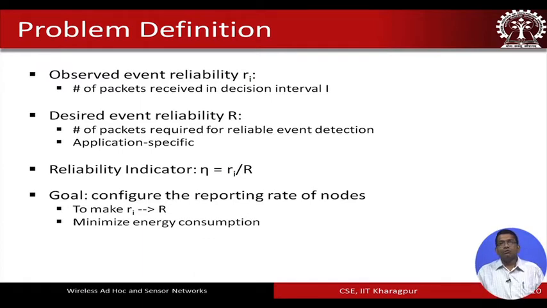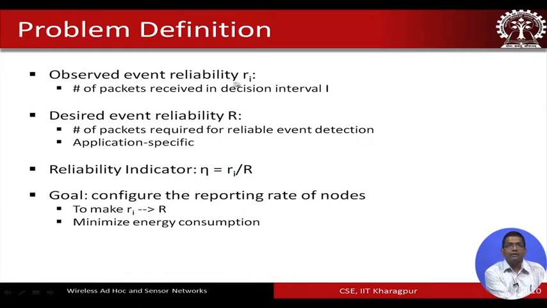So, this is how the problem of congestion has been defined in the ESRT protocol. Here are a few parameters that are defined. First, the observed event reliability is denoted as Ri, which is the number of packets received in a particular decision interval. The second is capital R, the desired event reliability, which is the number of packets required for reliable event detection, and this parameter is application specific.